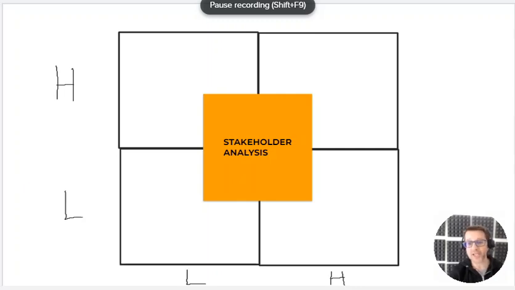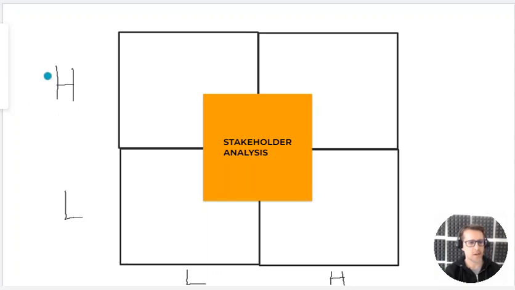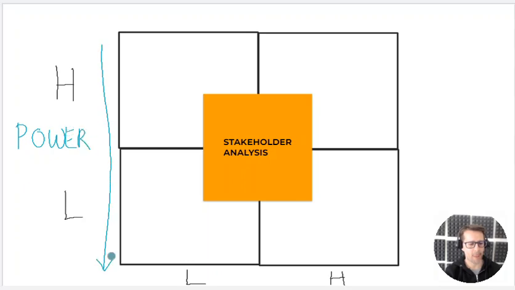Now I can't remember which axis is which, but the vertical one, it's related to power. So how much power does the stakeholder have?